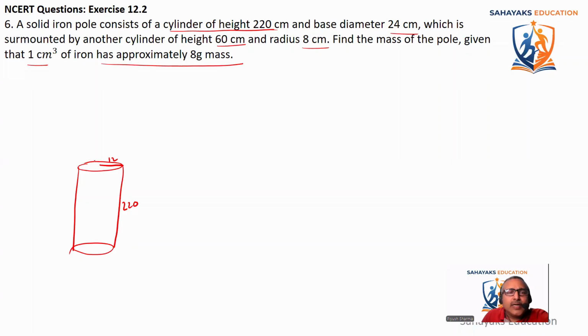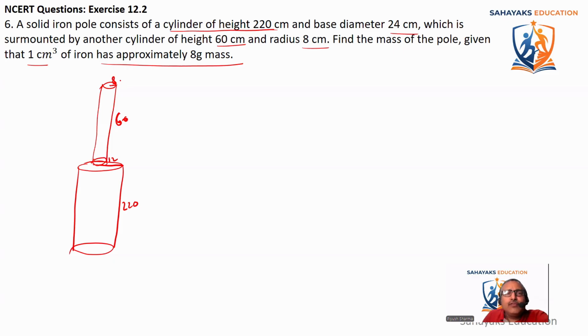So there is another cylinder on top of it, and the height of the cylinder is 60 centimeter and the radius is 8. I made it very small, but this radius is 8. We have to find the mass of the pole.